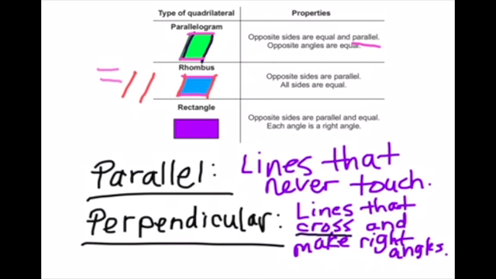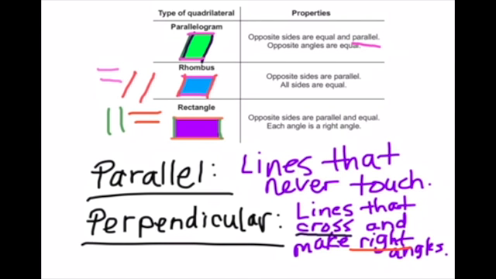So I see some parallel lines on there too, right? On the top and on the bottom, and also on the side and the other side, right? These line up with each other, but I also see some perpendicular lines because I see some right angles.